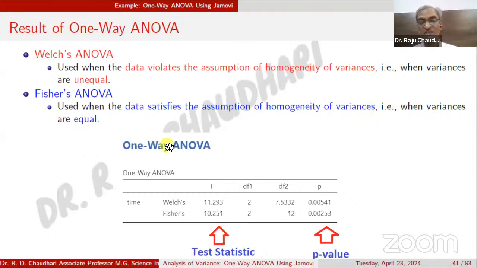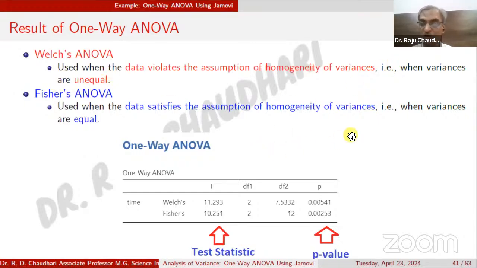Now, what is the difference? I have already explained it, right? Welch ANOVA is used when the assumption of homogeneity of variances is violated. That means when the variances are unequal for the batches. So if the variability for batch 1, batch 2, and batch 3 is not the same, go for Welch.